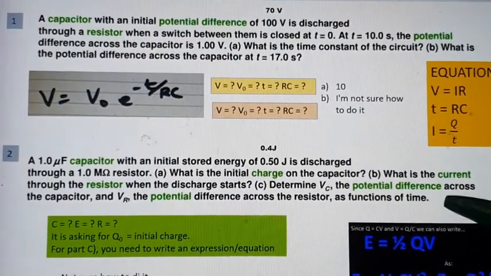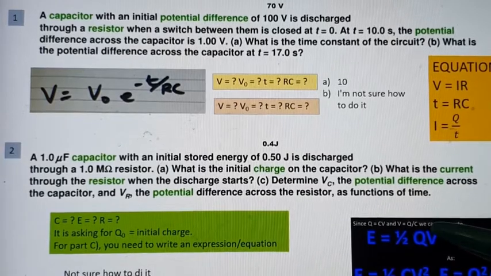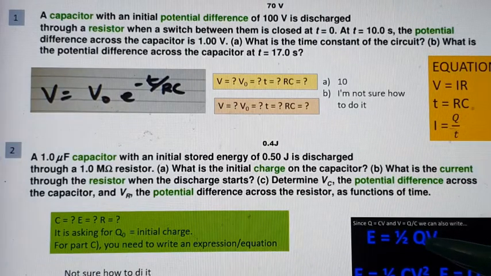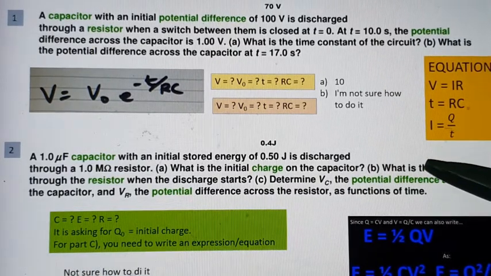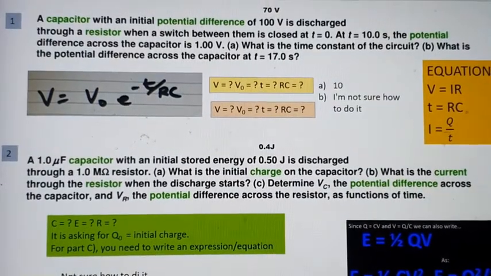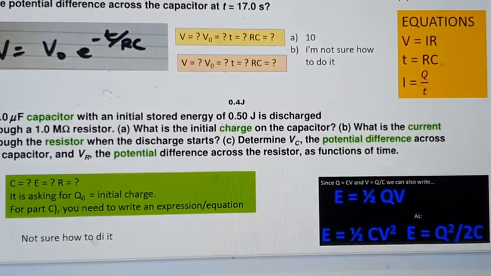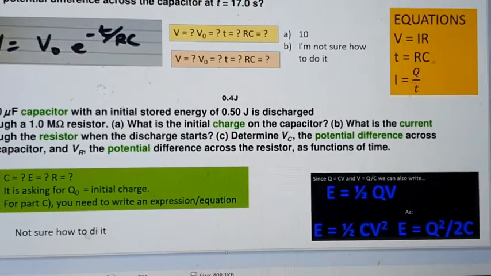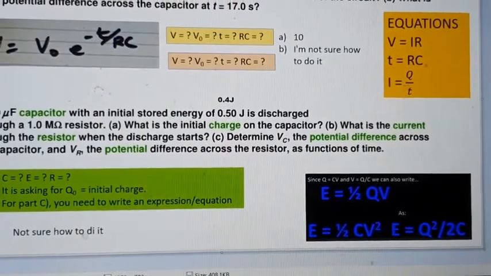Now we don't have Q in the question. We don't have V in the question, but we do have C, and we want to work out Q. So we're going to use this equation here, the one at the bottom. The equation is E is equal to Q squared over 2C.